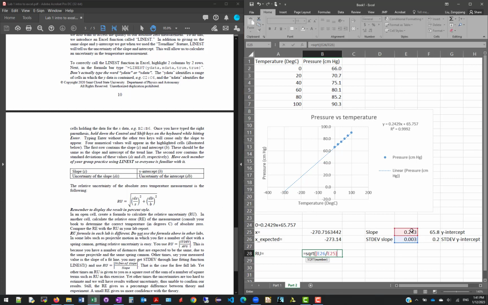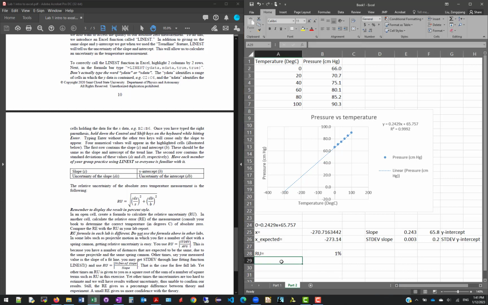Close parenthesis and square that, and plus open parenthesis dB, uncertainty of the intercept over the intercept itself, and close parenthesis and square that, and don't forget to close the parenthesis of the square root. So this is the relative uncertainty, and I can click this percent to get it into a percent representation.